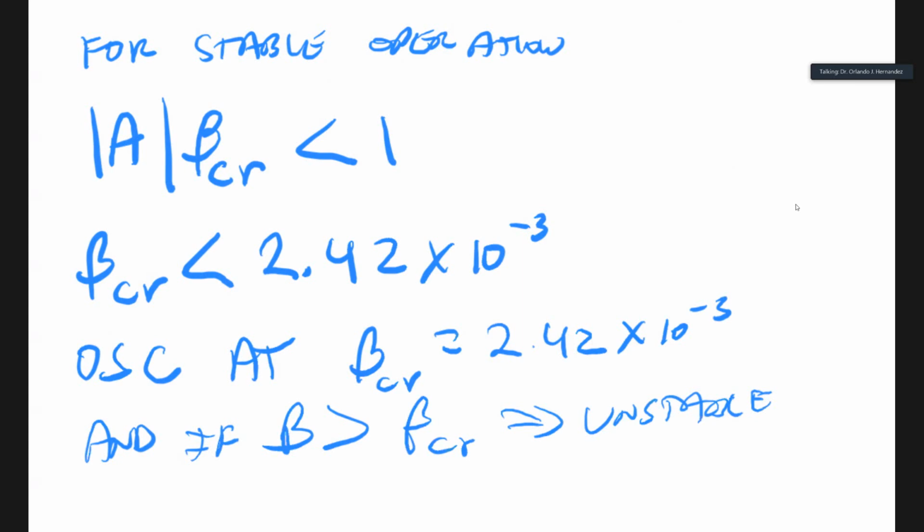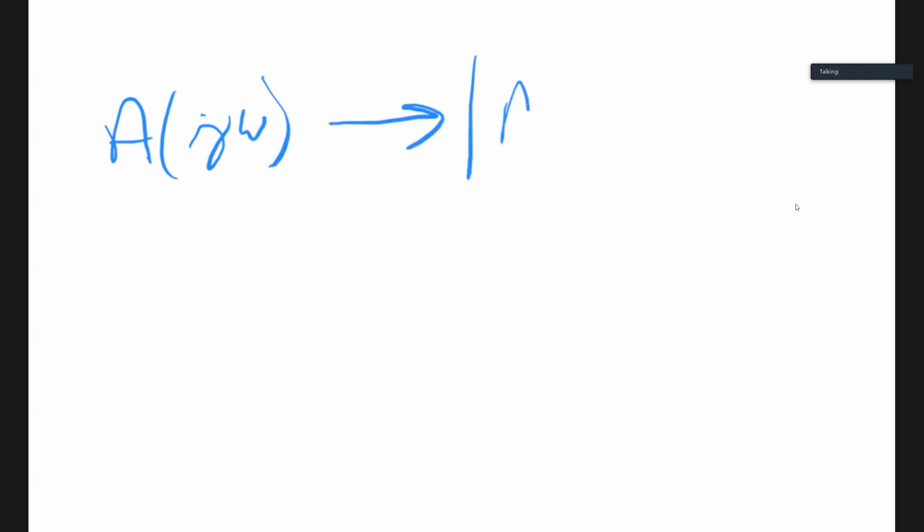There is a lot of algebra in getting from this type of expression to one which won't have a j.